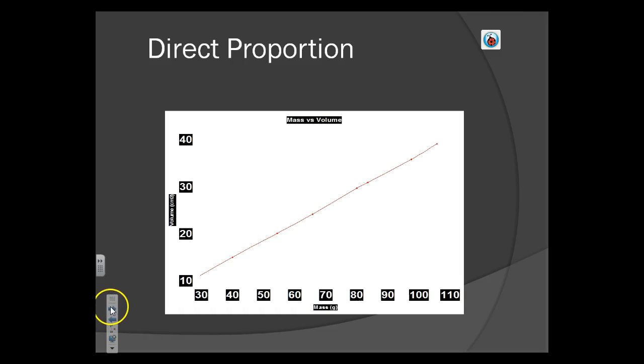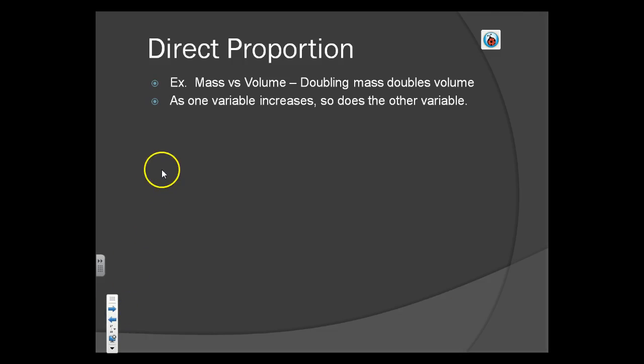So these variables move in the same way. You need to sketch this graph very quickly, and you don't have to write my example down, but as one variable increases, so does the other variable. The variables move in the same direction, and they form a linear graph.